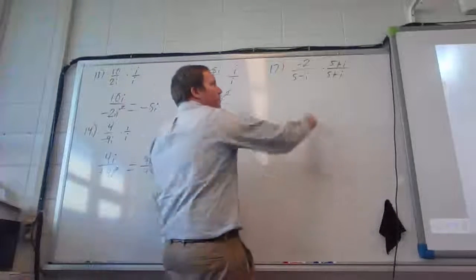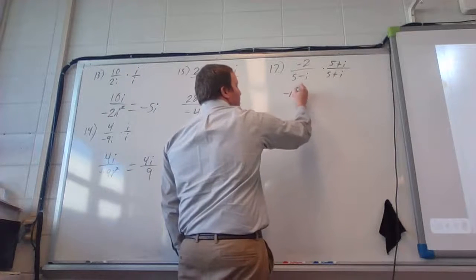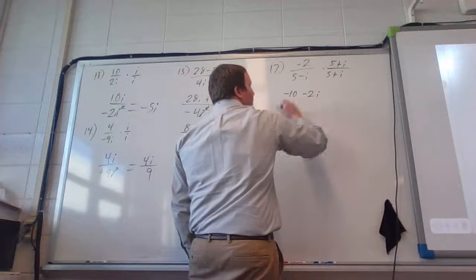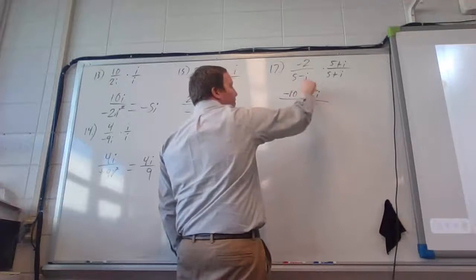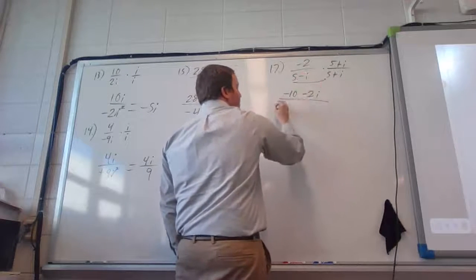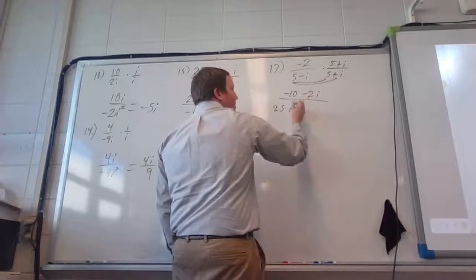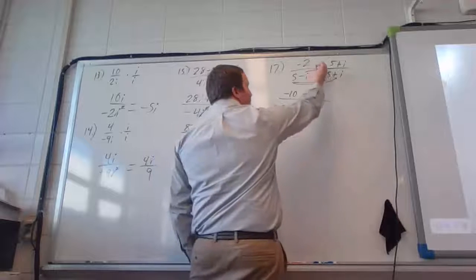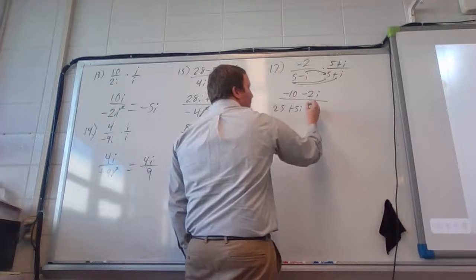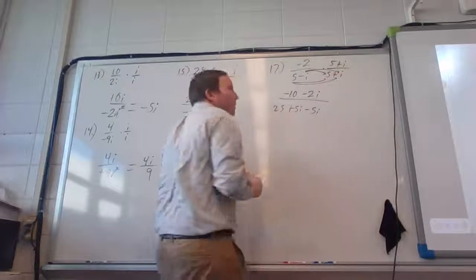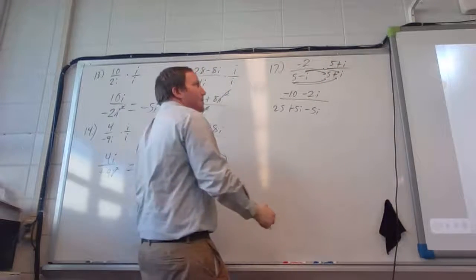So then there'll be negative 10i, negative 10 over, and 5 times 5, that's 25. So FOIL across the bottom, 5 times 5 equals 25. 5 times i, so that's 5i. Negative i times 5, you've got to FOIL it, at least for this first one, because then you're going to see a pattern.